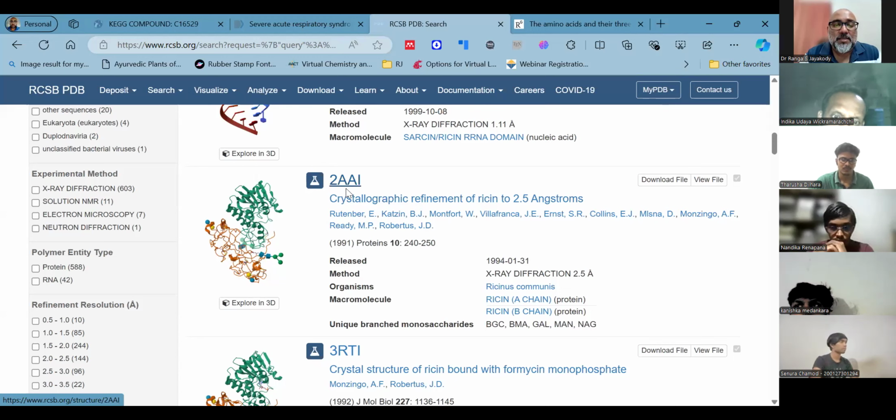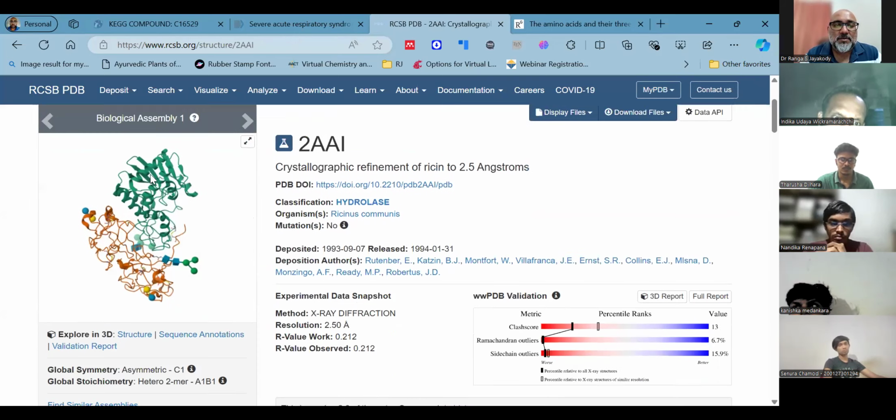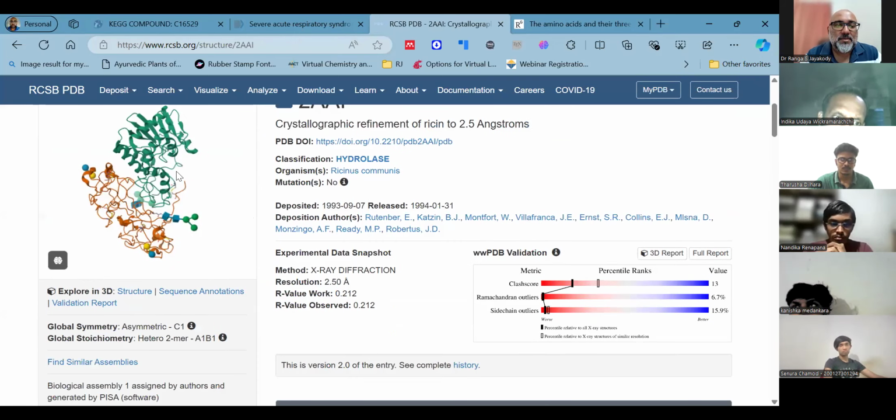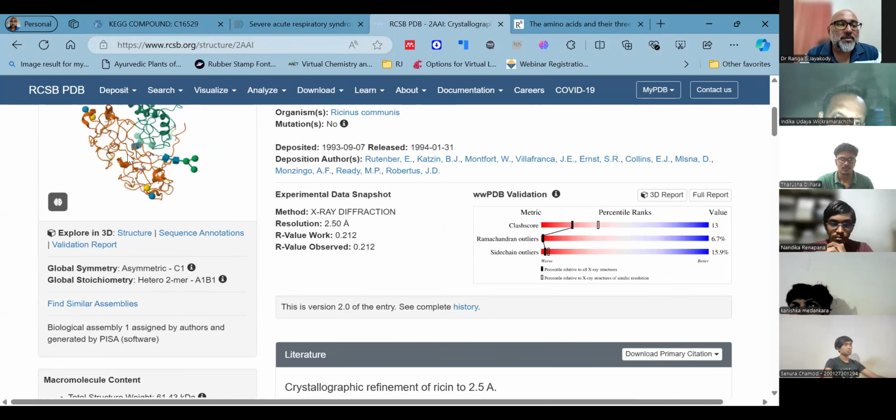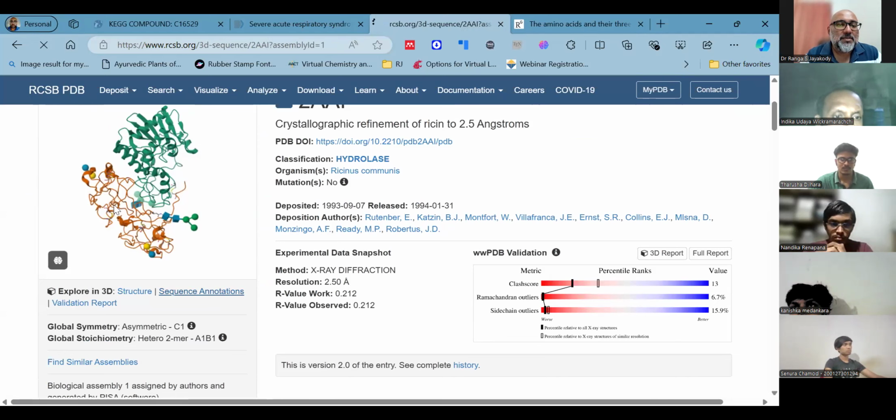Now, there's always a 4-letter unique PDB ID in this database. Then you can go into that particular entry to retrieve more information about this particular protein. Now it's got the structure over here, then here we got the sequence annotations.